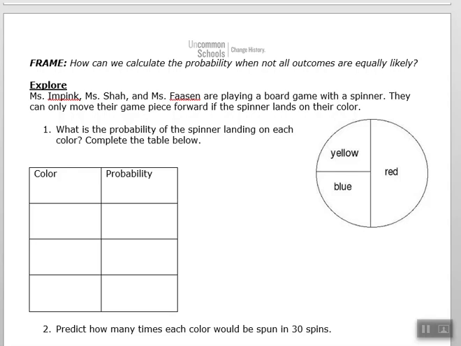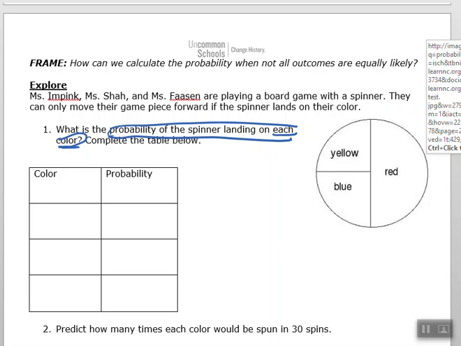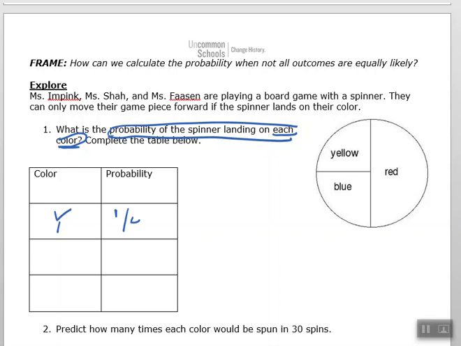All right, so I'm looking over here and I have this yellow chunk and I have this blue chunk and then I have this much, much larger red chunk, okay? And so for yellow, I think it's about 1/4. So the probability is 1/4.